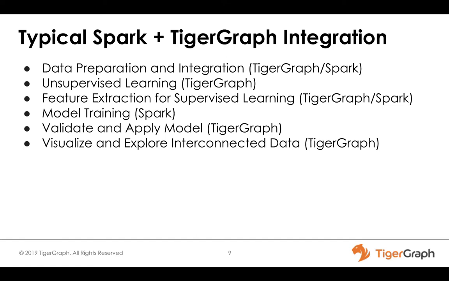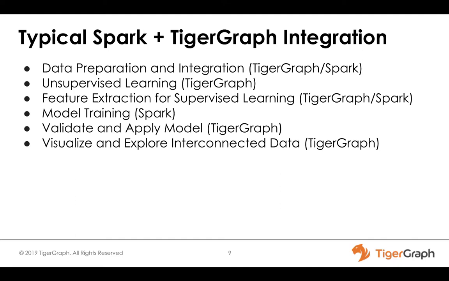These are for more advanced data preparation ETL processes. And the next step, TigerGraph can do unsupervised machine learning using some of the algorithms, for example, community detection, similarity, clustering. So TigerGraph is a natural choice for some of the unsupervised learning approaches.